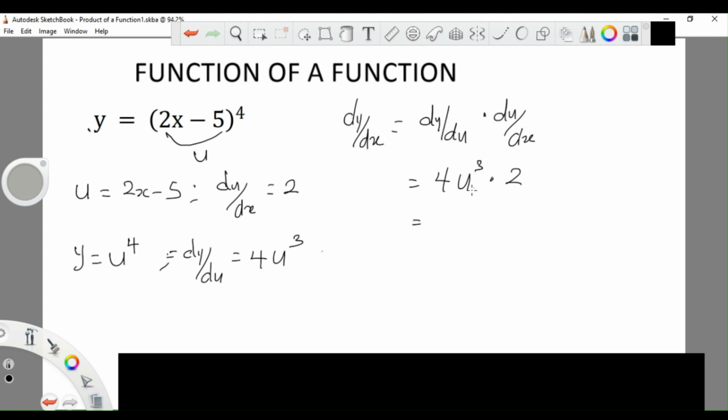So 4u to power 3 times 2 is 8u to power 3. So therefore, our dy/dx is equal to 8. Remember, our u is 2x - 5, so u, bring it back, is (2x - 5) all to power what? 3. So this is our final answer.